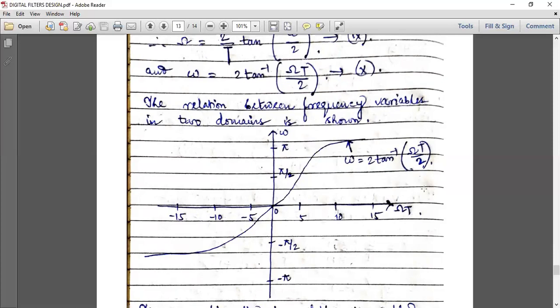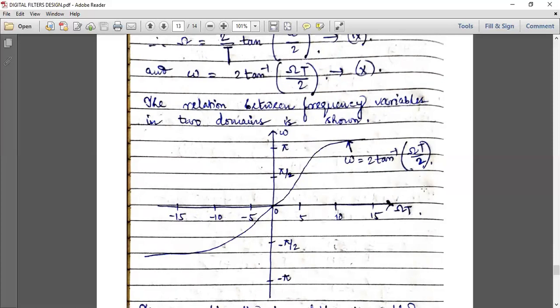Also, the complete positive axis in the S plane, from ohm equal to 0 to infinity, is mapped to the upper half of the unit circle, from omega equal to 0 to omega equal to pi, or z equal to plus 1 to minus 1.